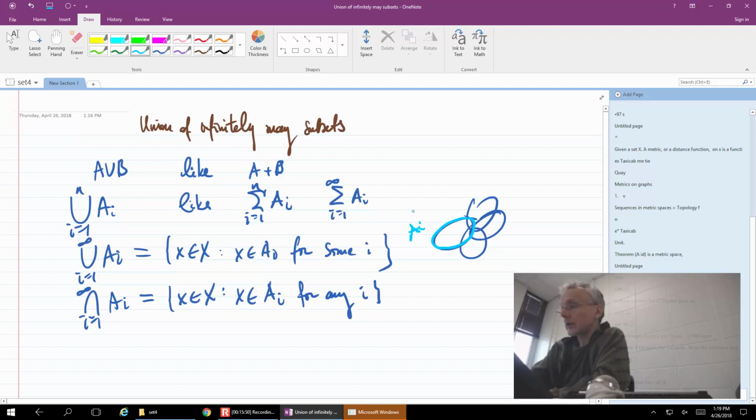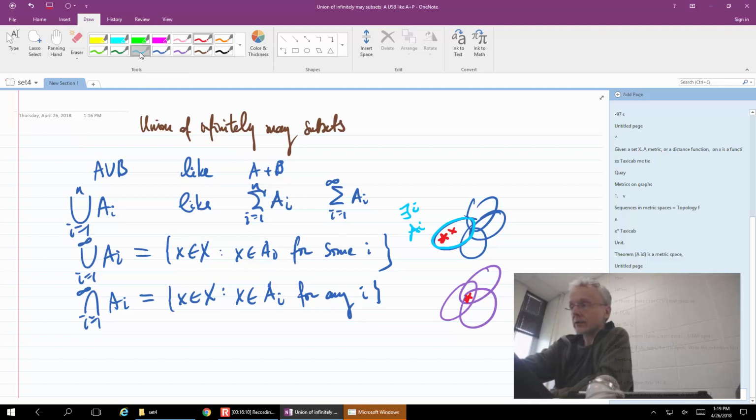On the other hand, for the intersection, x has to belong to all of them. So if I want to belong to the intersection, x belongs to a_i for every i. There is an i such that x belongs to a_i, or for any i, x belongs to a_i.